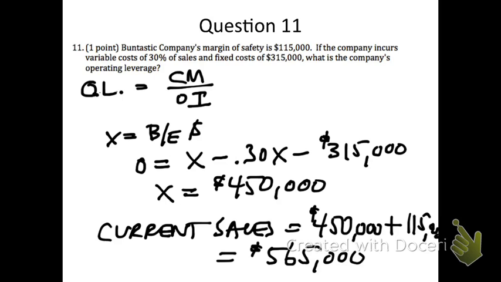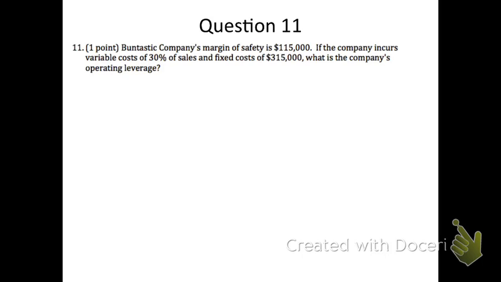And so if we know current level of sales, then we can determine contribution margin and operating income. Our current sales is $565,000.